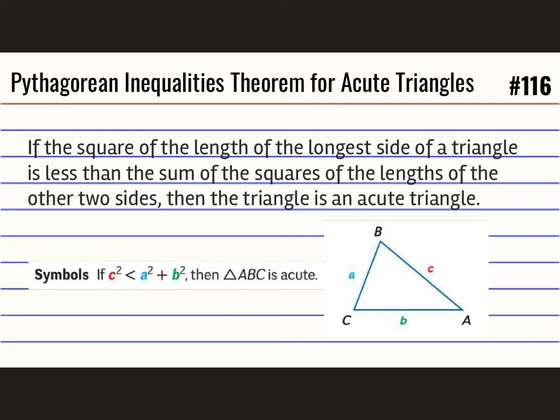Sometimes the way they do this confuses me, so I like to write a squared plus b squared is greater than c squared. So if your sum is greater, then it is going to be an acute triangle. Again, if the sum of the two sides squared is greater than the longest side squared, then it is an acute triangle.